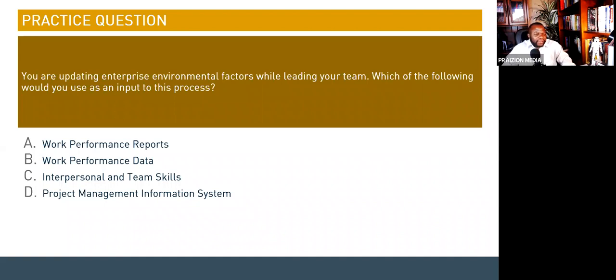So then I explain the logic behind the question. The logic behind this is you are updating enterprise environmental factors, in other words, enterprise environmental factors updates, and it says while you are leading your team. So in which process do we lead the team? You lead the team in a process known as manage team.